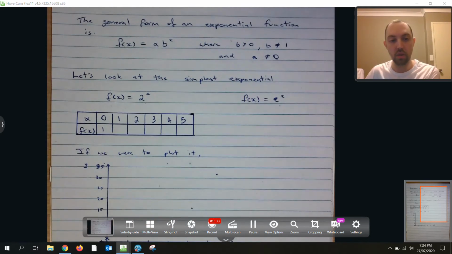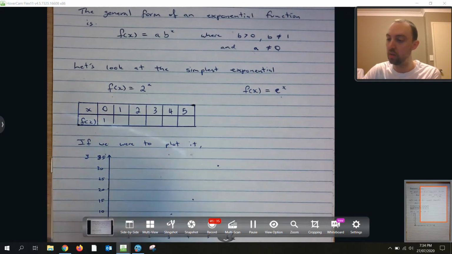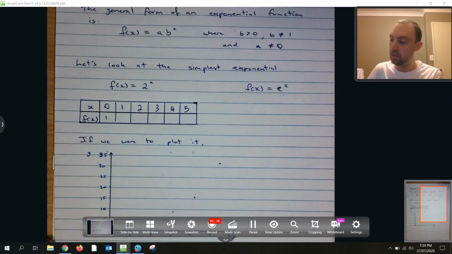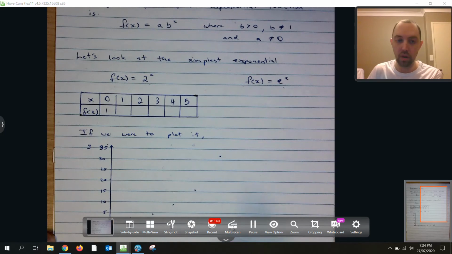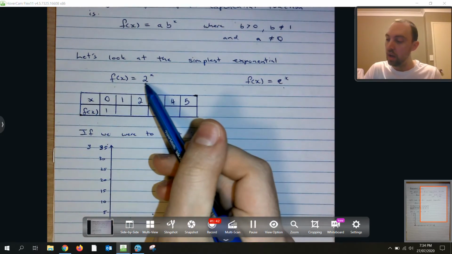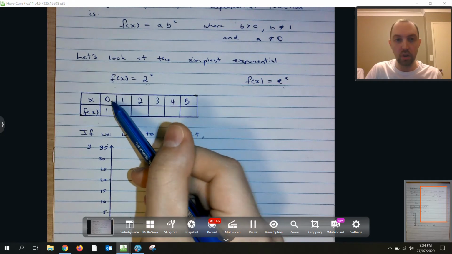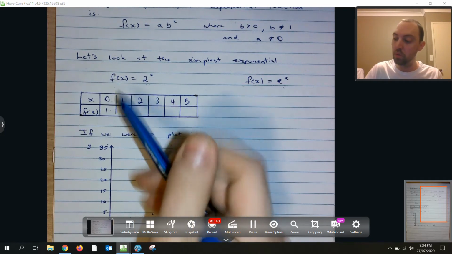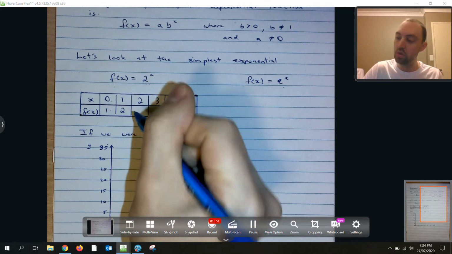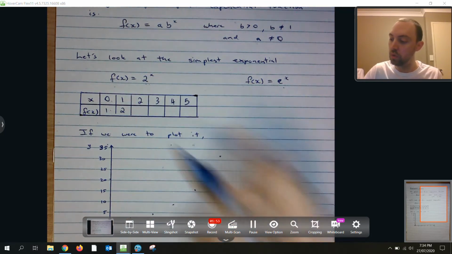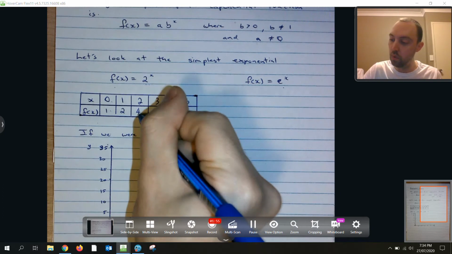Let's do a quick table of values, and we're going to take a closer look at what this particular function looks like as we plot it. So our base is 2, so we've got 2 to the power of 0 is 1, 2 to the power of 1 is 2, 2 squared, or 2 to the power of 2, is 4.